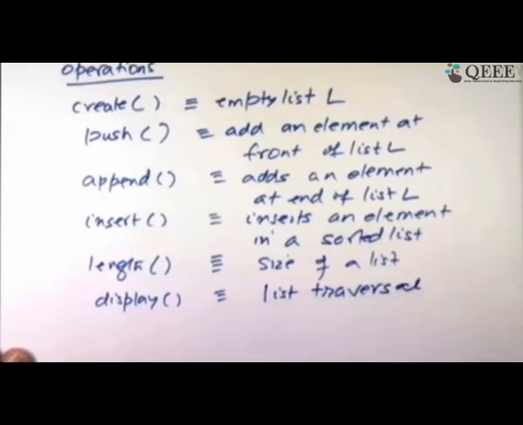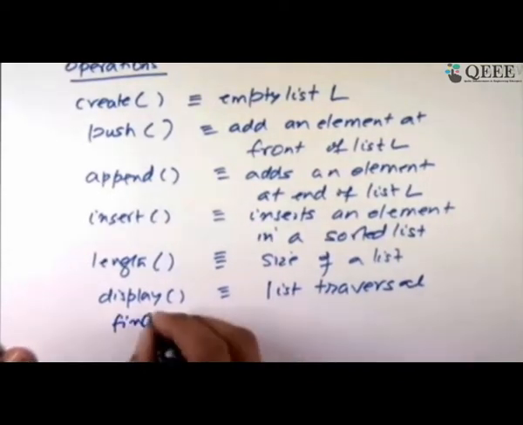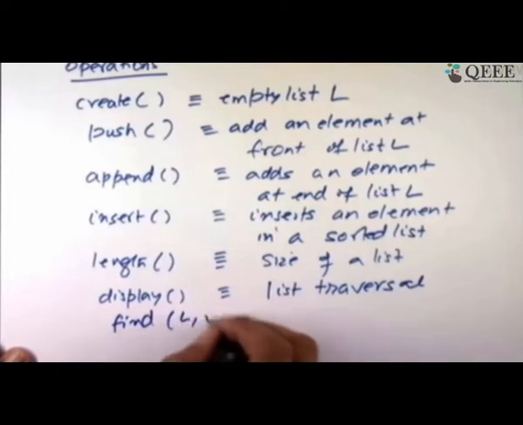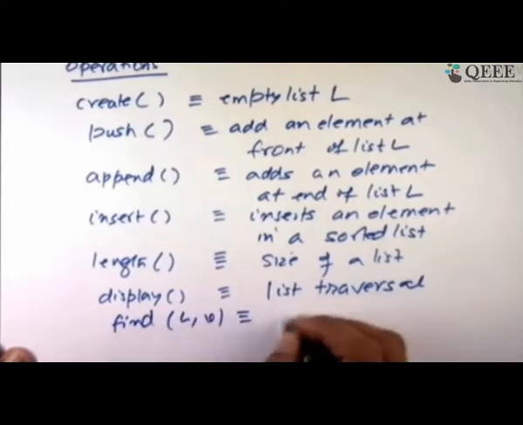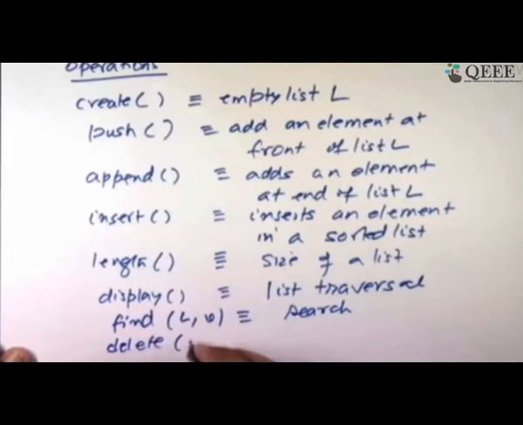So I want to traverse the list. I may like to find an element in the list, so find(L, V): search the list, the searching operation. I may like to remove an element from the list, so maybe delete element V from L.